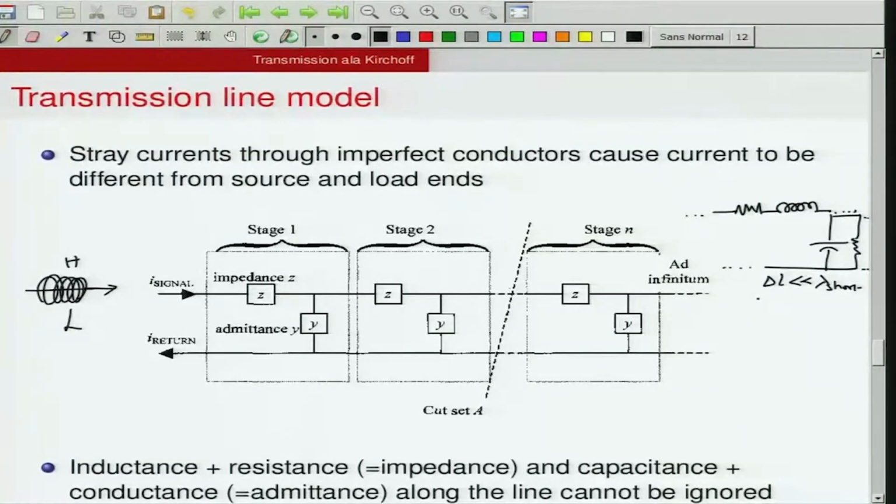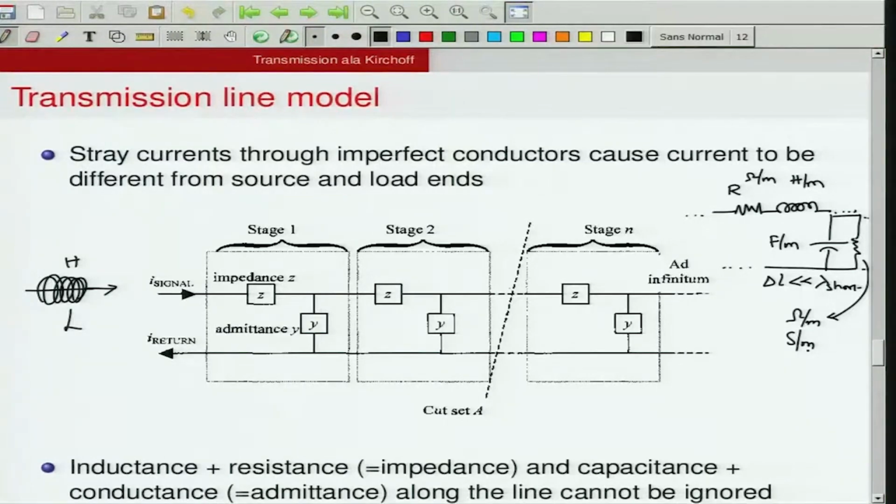However, a collection of such infinite sections will form an overall transmission line, and in order to deal with the fact that these are distributed, we will measure these resistances in terms of ohms per meter, these inductances in terms of Henry per meter, and then measure these capacitors in terms of farad per meter, and this conductance in terms of Siemens per meter, because they are connected in parallel.